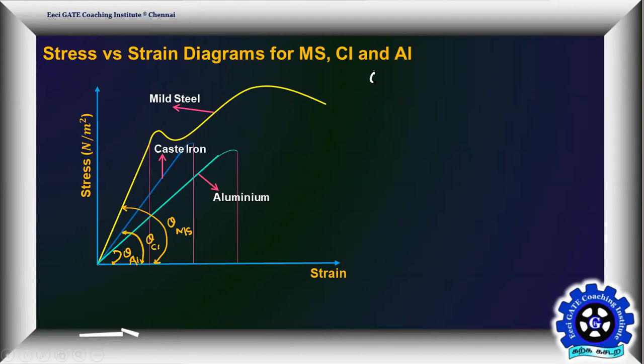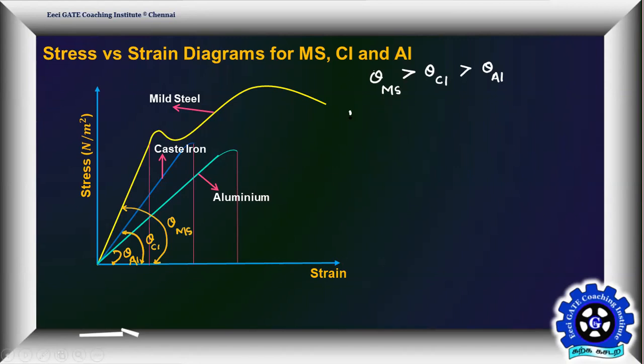Here, theta mild steel will be greater than theta cast iron, greater than theta aluminium. Correct? Theta mild steel is greater than cast iron, greater than aluminium.